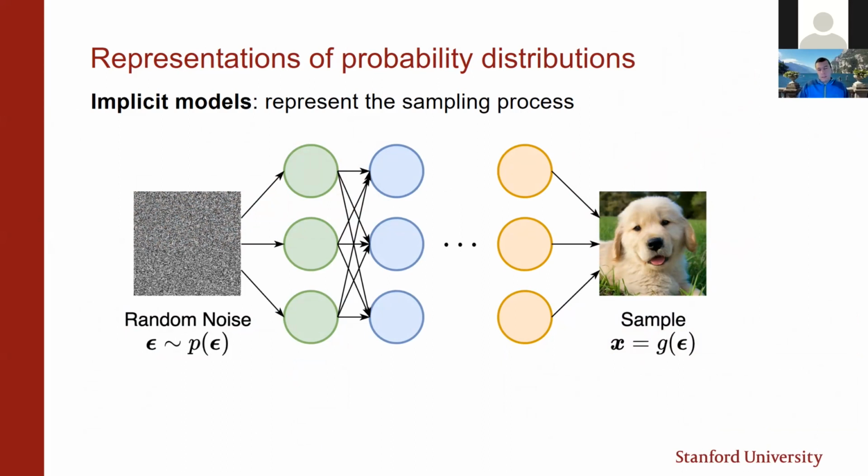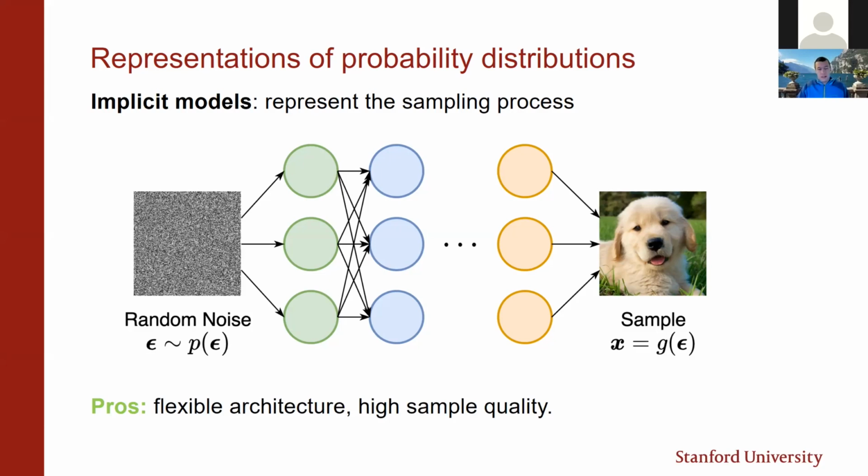You can choose any neural network that defines a valid sampling procedure, and the goal is to make a choice for the weights so that it produces samples of high quality.